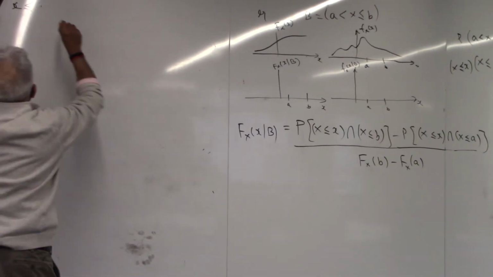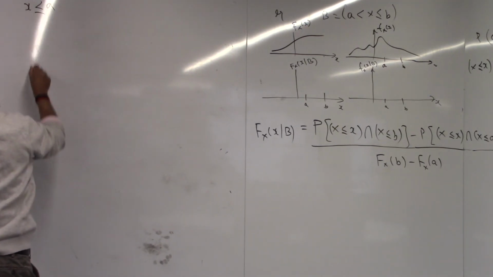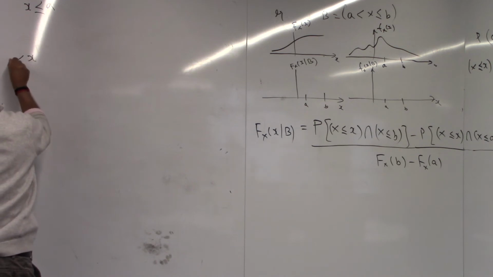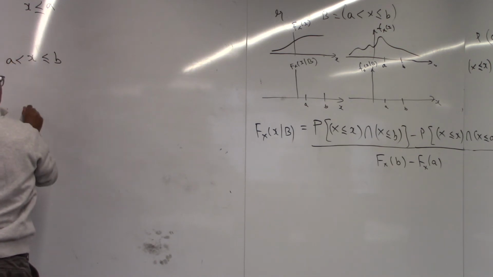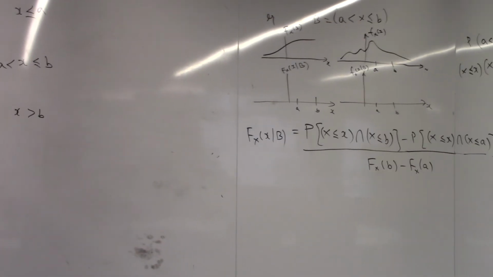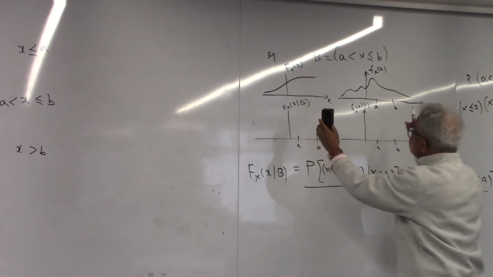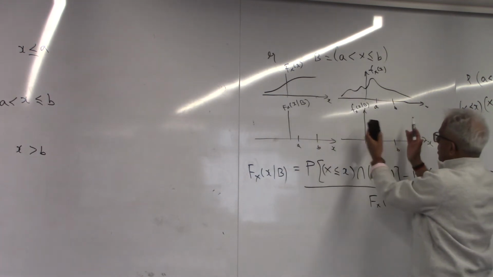So I see that I need to do it for x less than a, then x greater than a but less than or equal to b, then x greater than b. There are three cases of interest because B is given. B says that the random variable lives here.